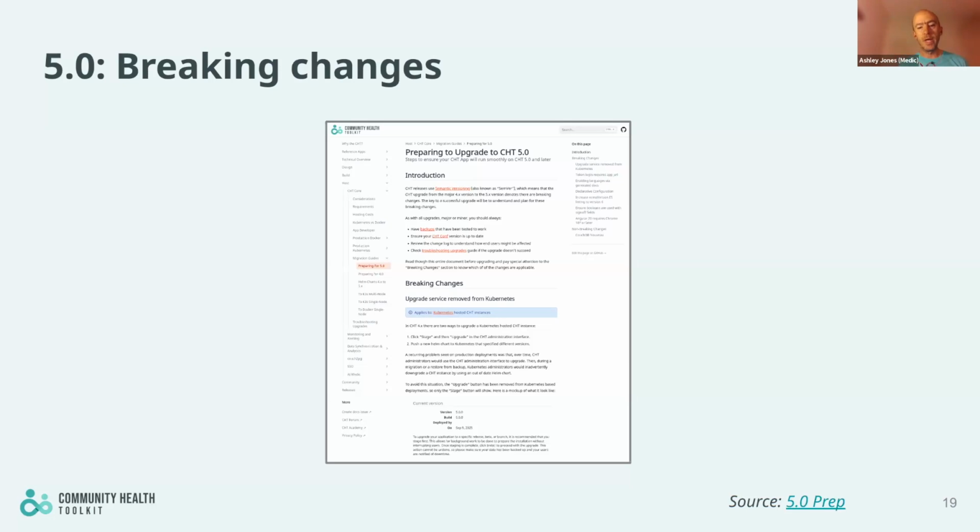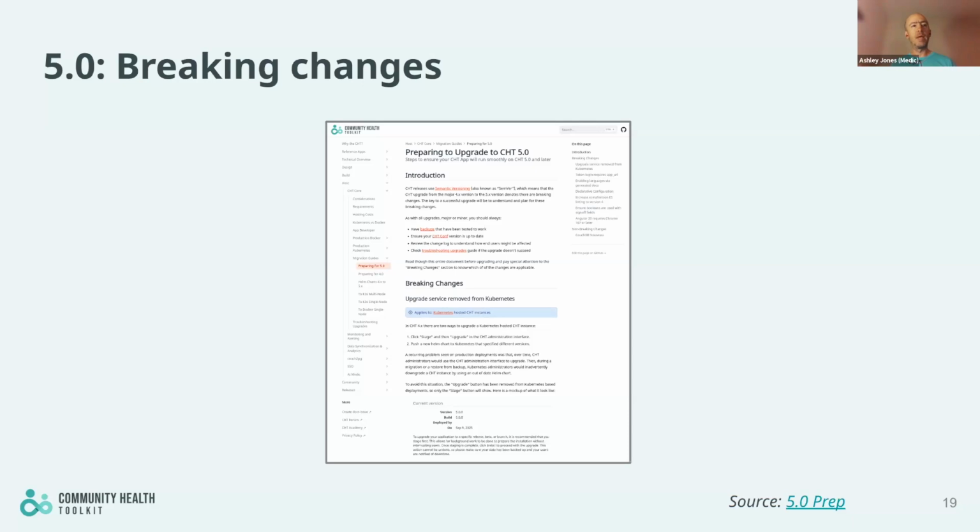So we have published already the preparing to upgrade to CHT5 guide, and this enumerates all the breaking changes and who they're applicable for. This is required reading for anyone who wants to upgrade. Each section will list out what the change is, how to remediate the change, and who it's applicable for.